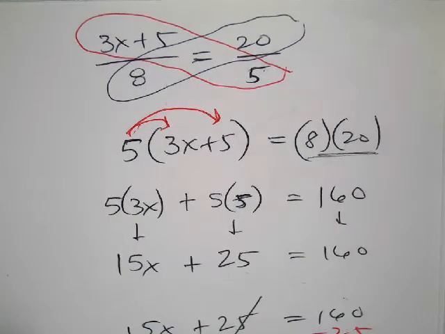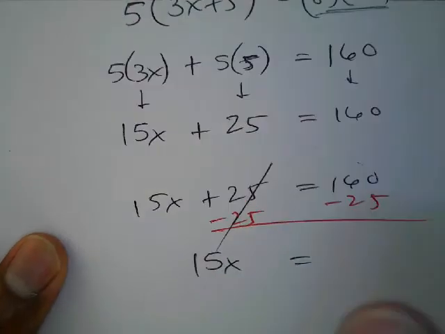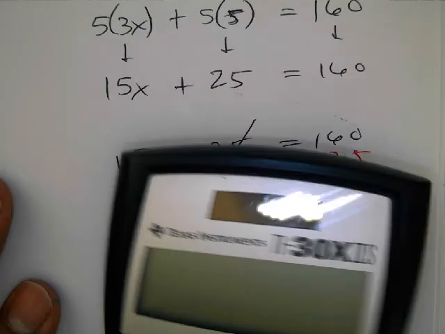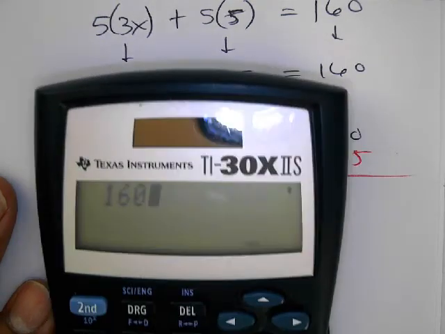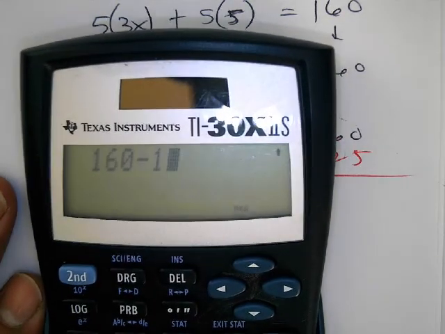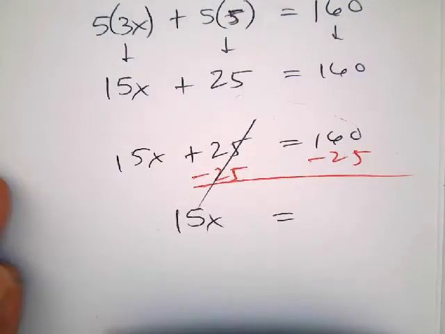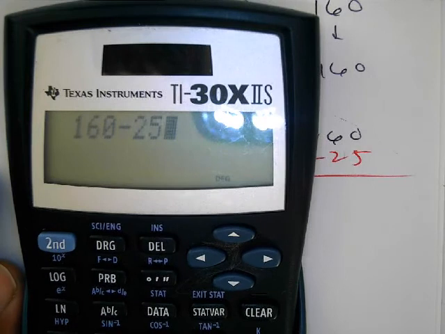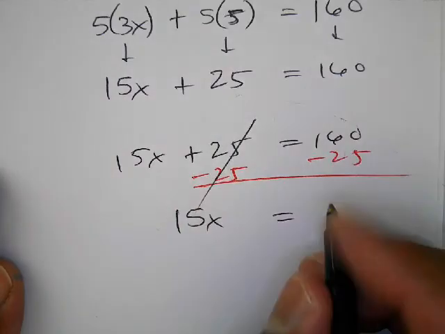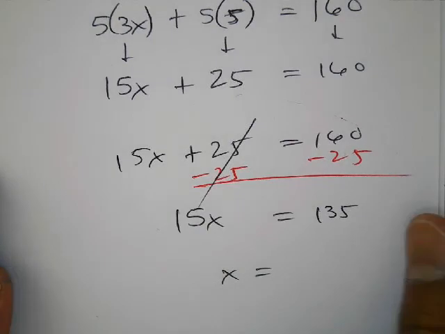So minus 25, that'll be 15x equals 160 take away 25. Was it 135? Well, let's be sure. 160 minus just 25, 135.